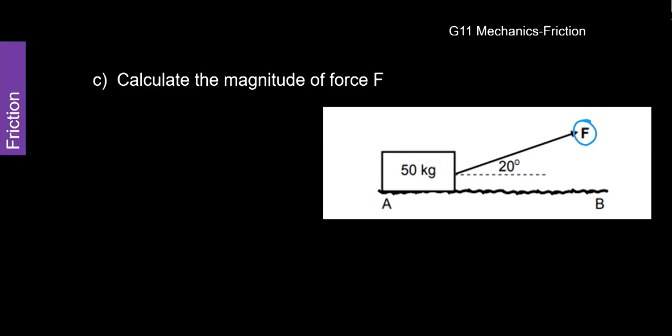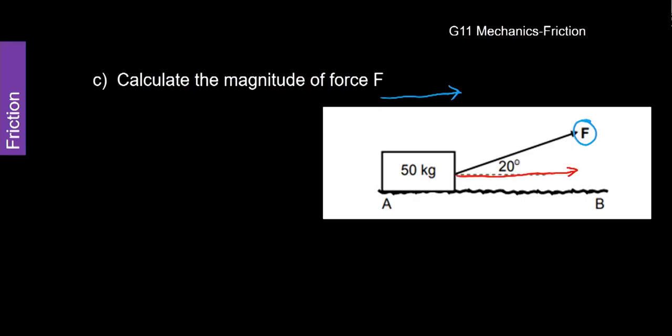So if the object is moving in this direction, then the component of the force that is going to help with the movement is going to be the vertical component. So I'm going to draw on this picture and I would encourage you to do so as well on your exam paper or your test paper.